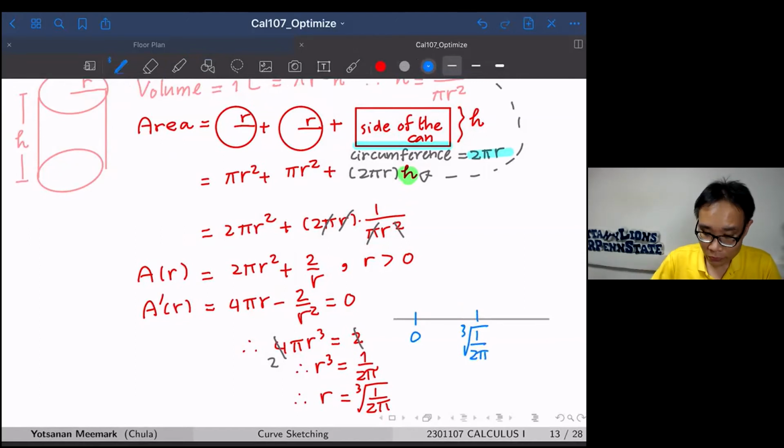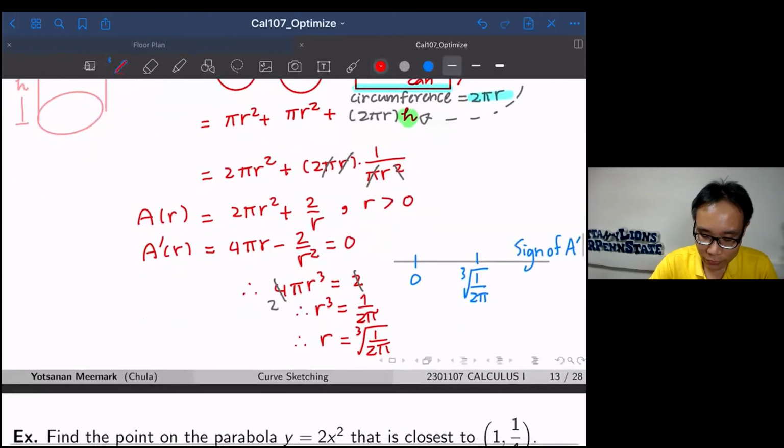Okay, so in this case, you're going to check the sign of A prime. So you're going to plug in for the sign of A prime. You're going to pick x somewhere here.